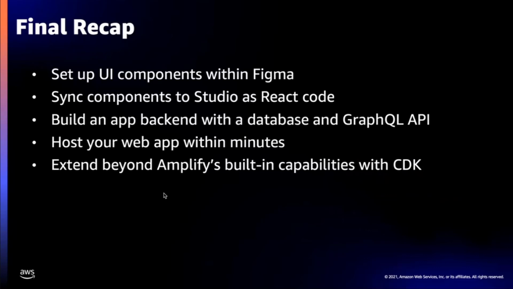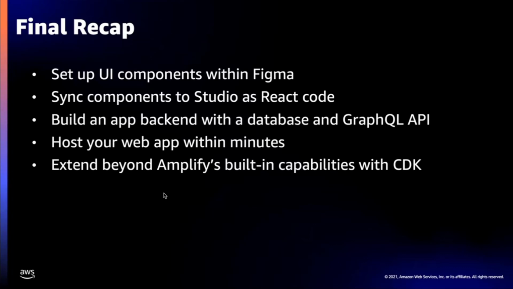So let's go through a final recap of what we've done today. We set up UI components in Figma, right? That was really, really cool. It was the front of the front, basically. And then we synced them to Studio as React code and used them in our React code, where we then also connected it with a database that was powered by a GraphQL API, so that in our case, when we were building this Airbnb app, all the homes were streaming in and being rendered inside our web app.